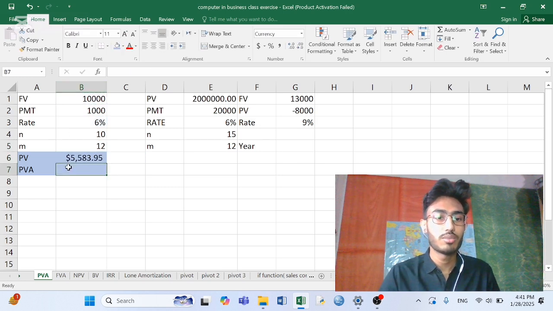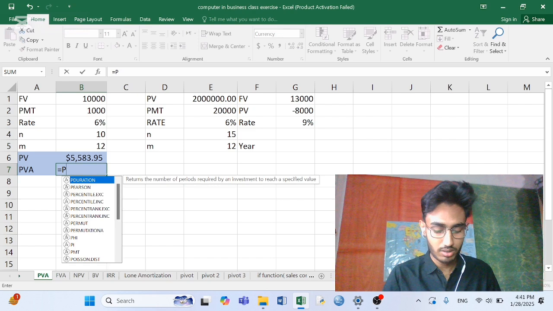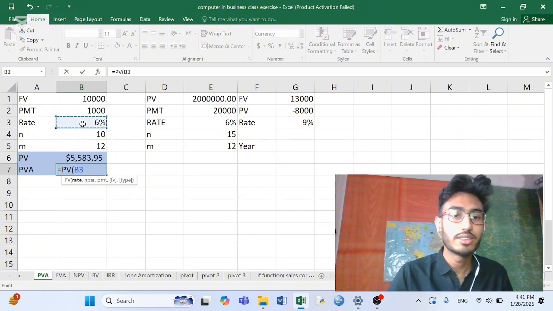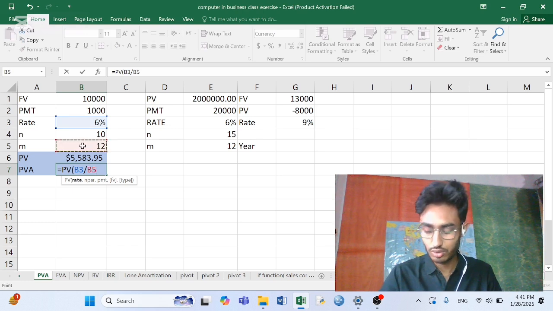The answer came out, and for present value of annuity, we're going to calculate with this formula: PV. Select the formula. Now we have the rate. For the rate, we're going to select 6%, but as we have 12 months, it's going to be divided by 12.